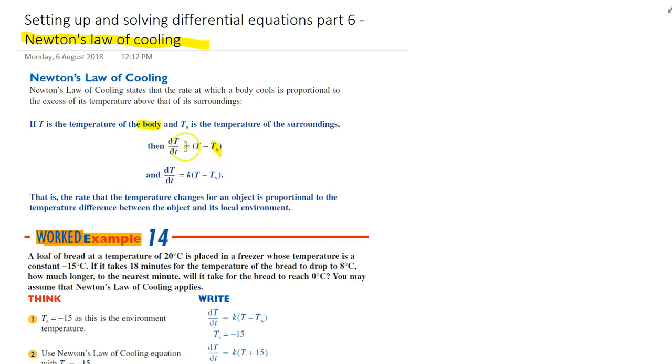And because it's proportional, we can write it as dT/dt = k(T - Ts), where T is the temperature of the body and Ts the temperature of the surroundings. All right, so there's our jumping-off point, and from there we can solve for coffee, bread, fire, whatever it is. Something's getting cooler, probably not fire.